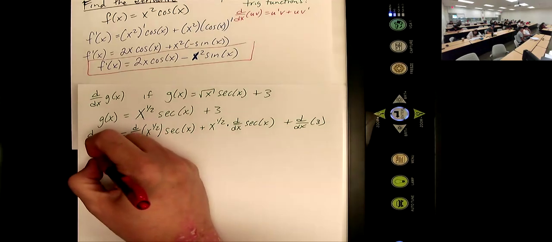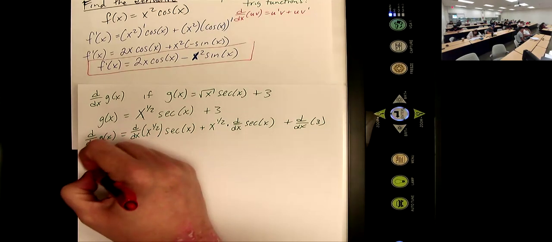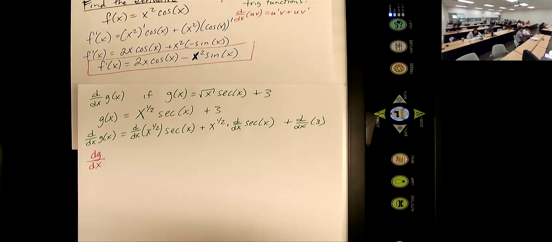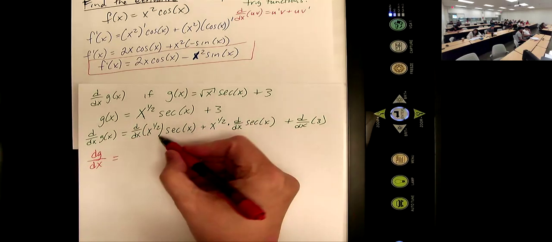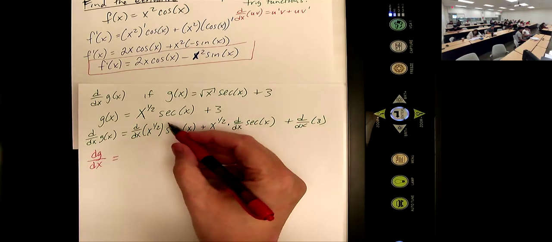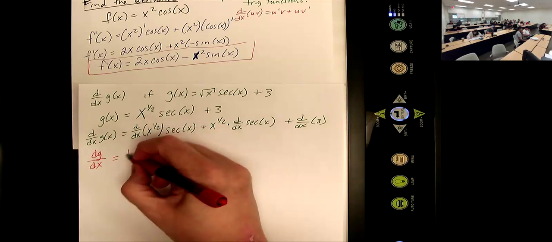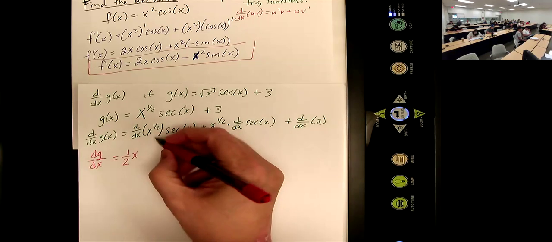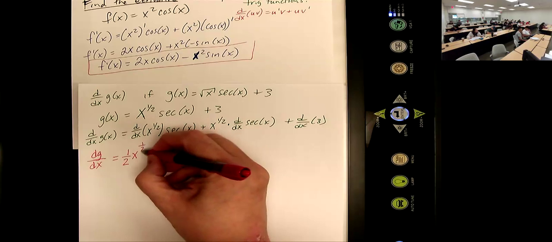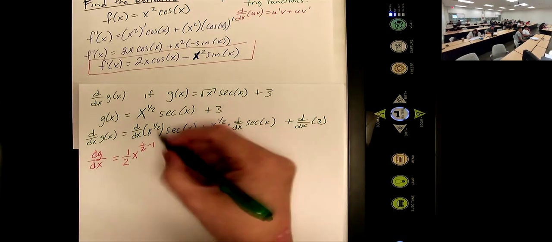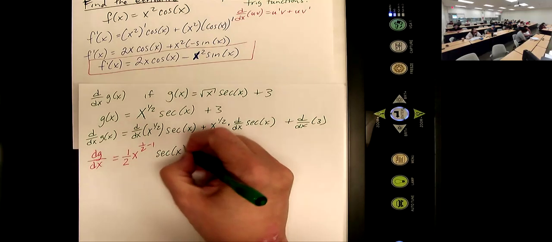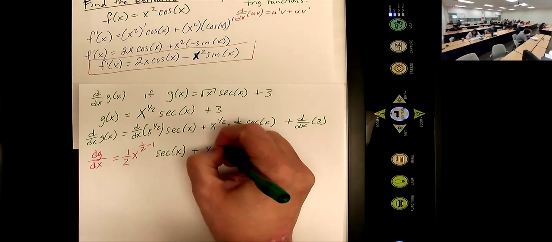This is usually written as dg/dx. And the derivative of x to the 1/2 is we bring the 1/2 down, and we lower the exponent by 1, so 1/2 minus 1. And the secant x stays the same.